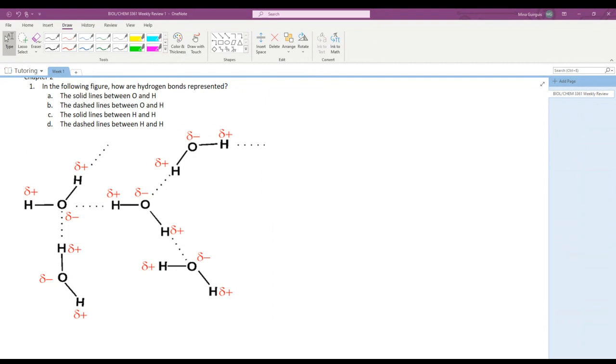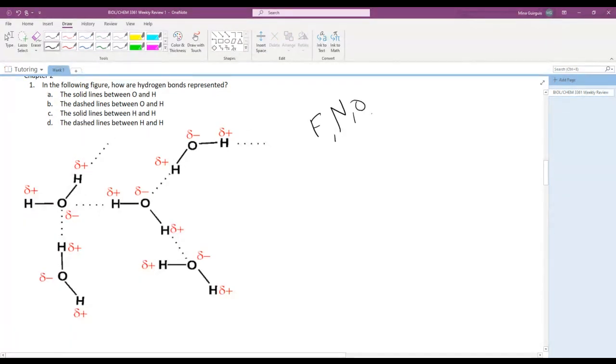Hydrogen bonding occurs between covalently bonded structures that are polar. So I'm going to go ahead and draw this out. The three you want to remember for hydrogen bonding are fluorine, nitrogen, and oxygen, although in this course, oxygen and nitrogen are the two common ones.